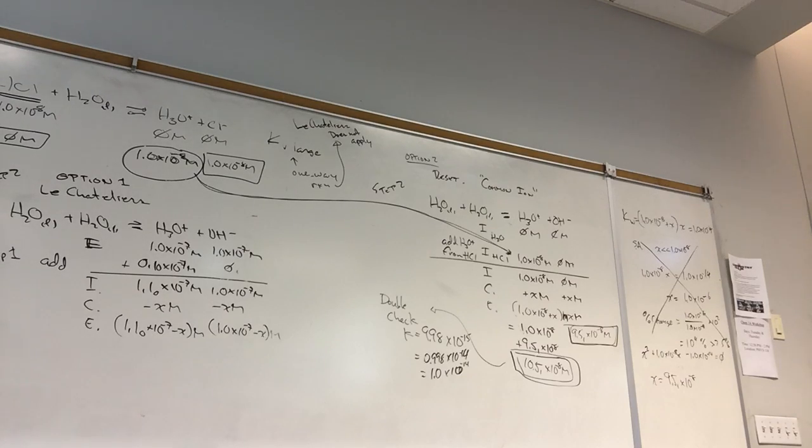The way I always remember this is ice: if you raise the temperature, does that favor melting or freezing? It favors melting. Melting is endothermic. So increasing temperature always favors the endo. This is exo, therefore it's going to favor the reverse reaction, which is endothermic.